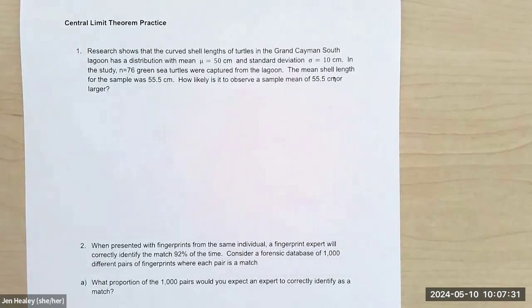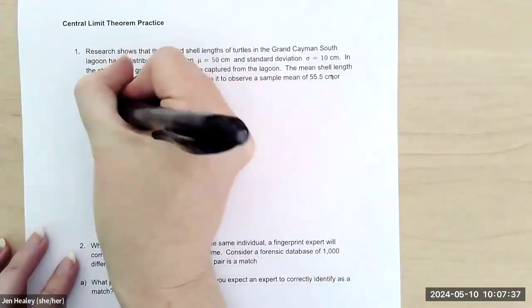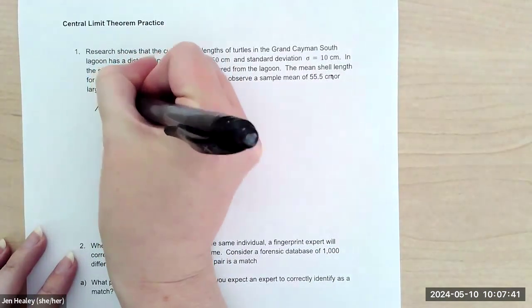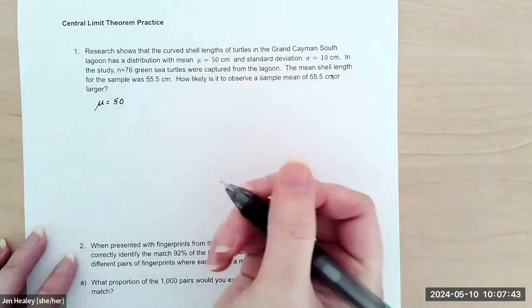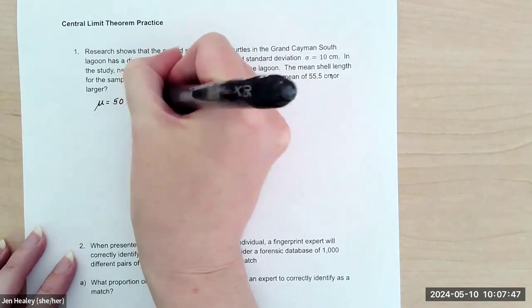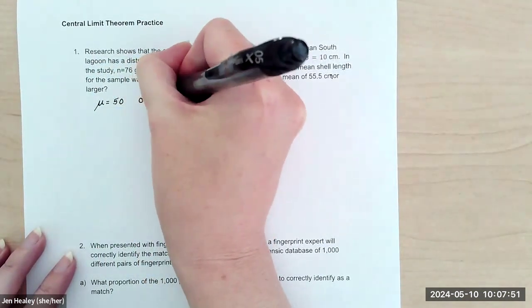So using that particular formula, we are going to use our mu is 50. And your standard deviation that they gave you is the 10. Okay.